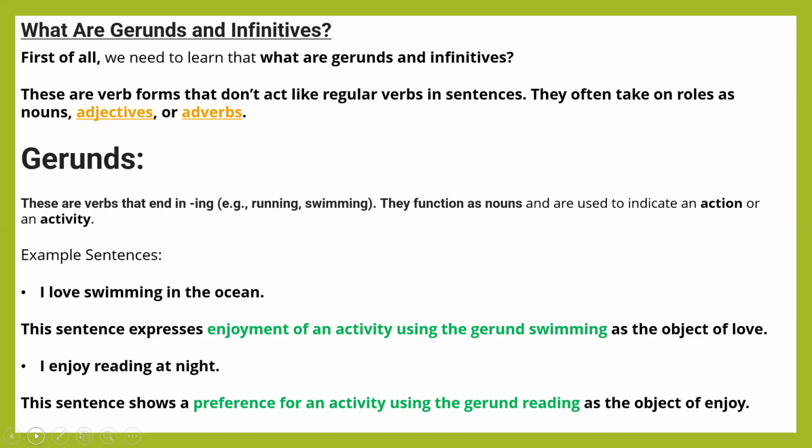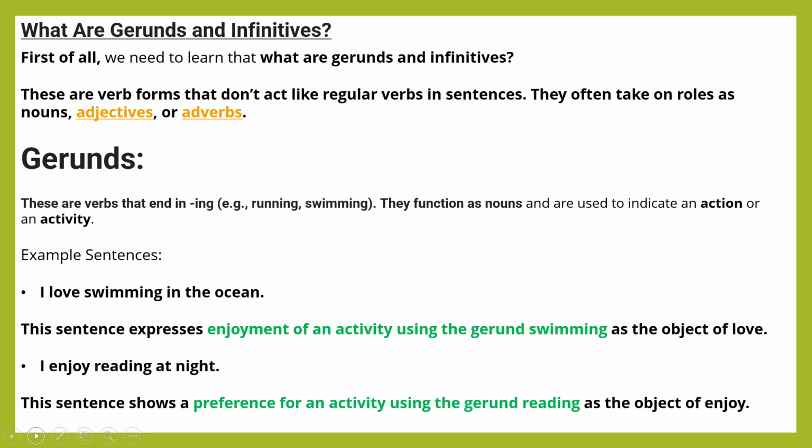Example sentences: I love swimming in the ocean. This sentence expresses enjoyment of an activity using the gerund. Here the gerund is swimming, and it is the object of love.